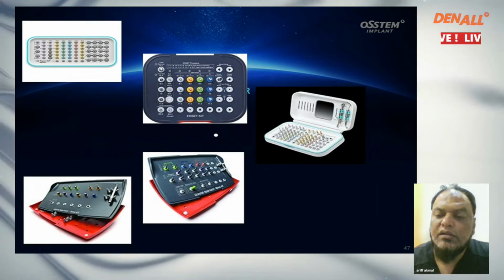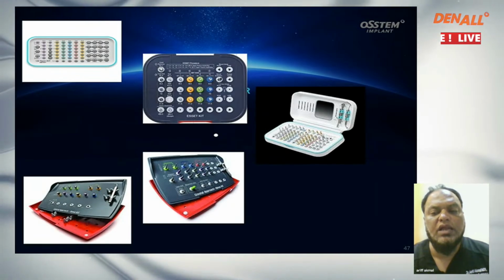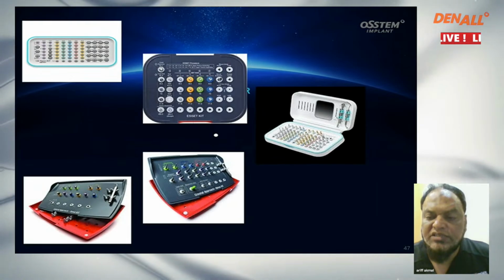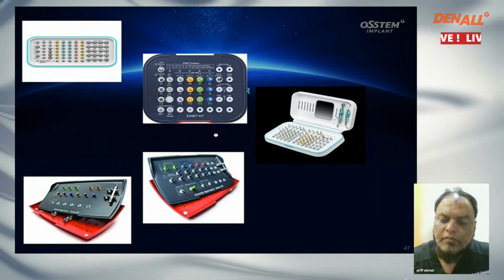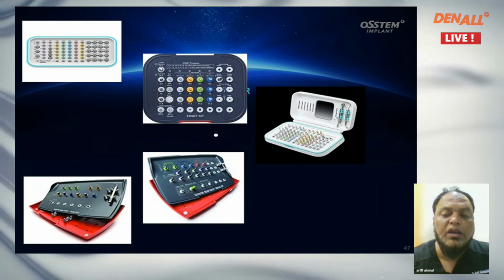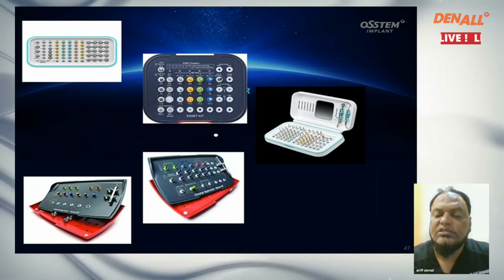I can use the crestal approach kit. Or if there is a totally pneumatized sinus, I can use the last kit, the lateral approach sinus lift kit, do some amount of grafting, come back. And then we have something called the one guide kit, which will help you in guided surgery.